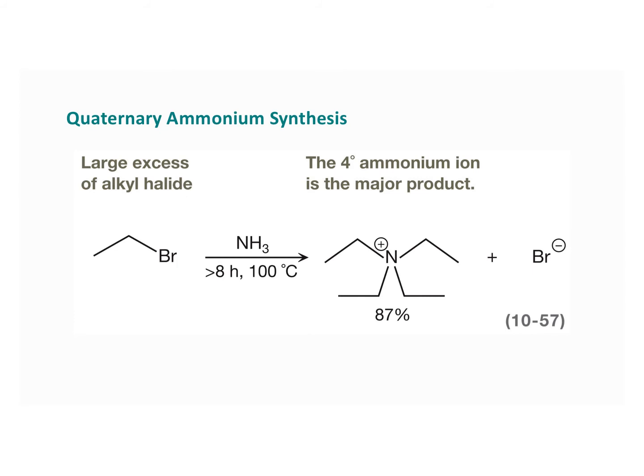So if we look at equation 1057, which is this equation here, basically you can take an alkyl halide, you add NH3 in excess, and the quaternary ammonium ion can be the major product, right? 8 hours at elevated temperatures. And so that's what this synthesis tends to be used for, this quaternary ammonium synthesis.